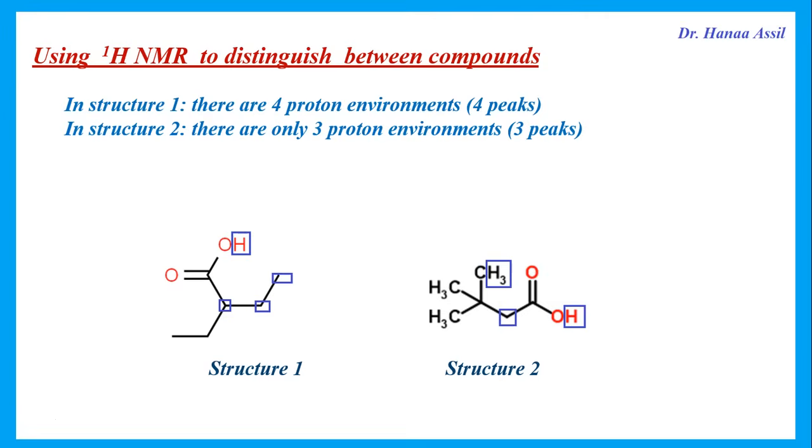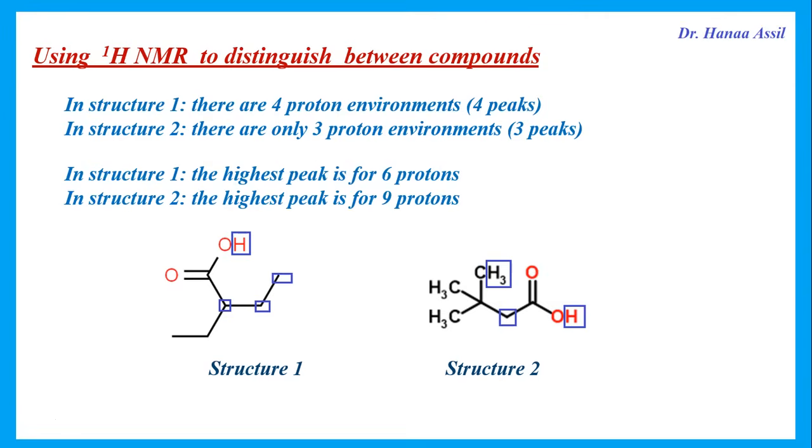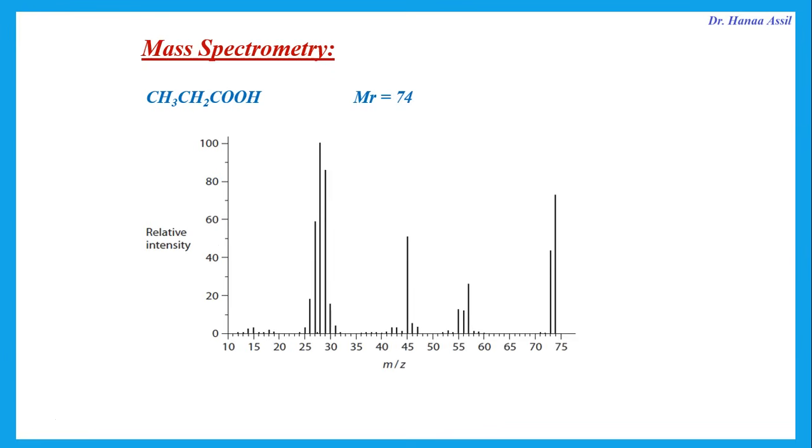In structure 1, it is symmetrical, so the part on the right is the same as the part on the left. Now, the height of the peaks will also be an indication, because in structure 1, the highest peak is for 6 protons, which is CH3 on one end and CH3 on the other. But in structure 2, I have a peak for 9 protons, which are the 3 CH3s that are equivalent.